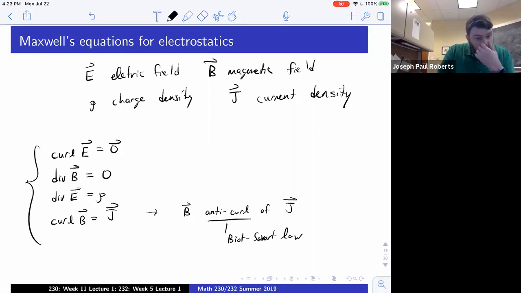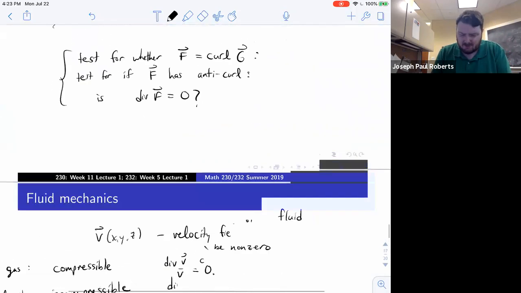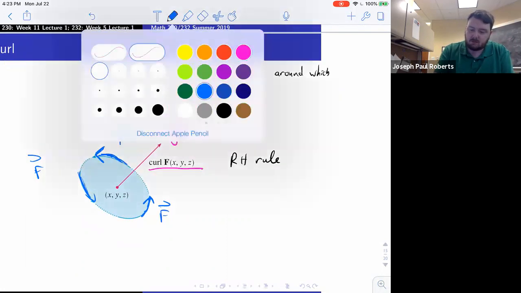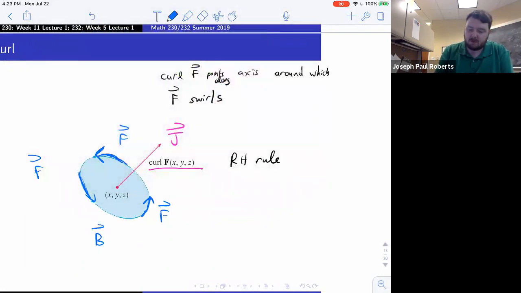So something you might have learned in physics was, okay, you have your current, you do the Biot-Savart law to help you figure out what's going on with the magnetic field. You're essentially taking the anti-curl. So this is where I want to go back to this slide here. This curl you want to think of as current, and then this vector field you want to think of as B.